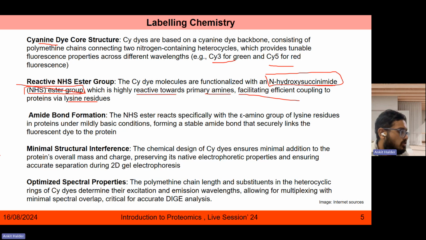This ensures there is minimal addition to the protein's overall mass and charge, preserving its native electrophoretic properties and ensuring accurate separation. So there are reduced technical artifacts.